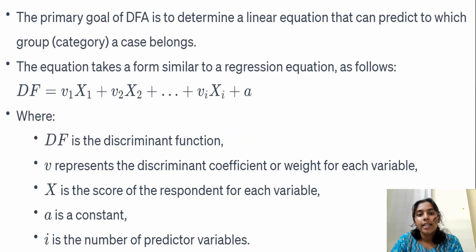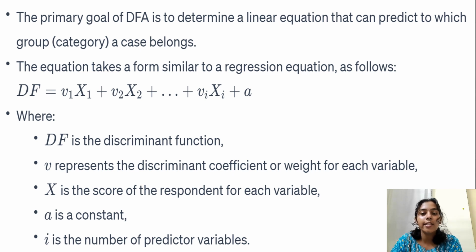Next is discriminant function analysis. The primary goal of discriminant function analysis is to determine a linear equation that can predict to which group a case belongs. The equation takes a form similar to a regression equation, as shown in the figure: DF, that is the discriminant function, is equal to v1 x1 plus v2 x2 plus etc., plus vi xi plus a.